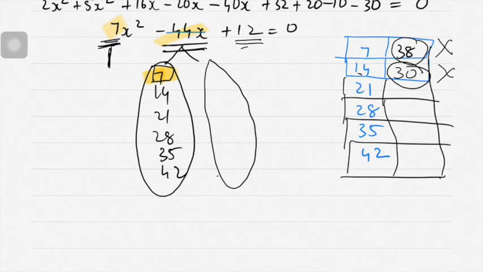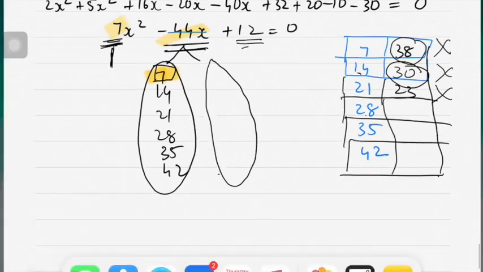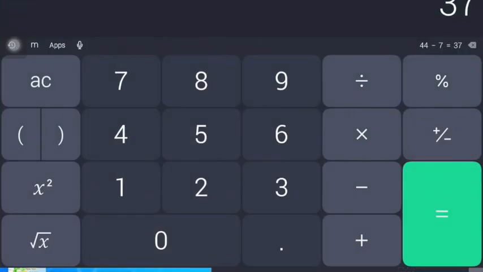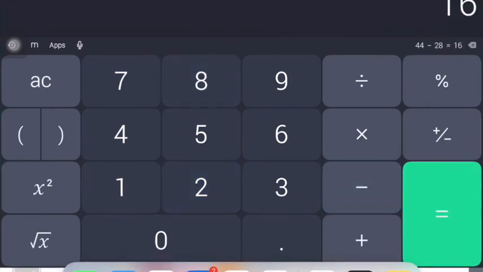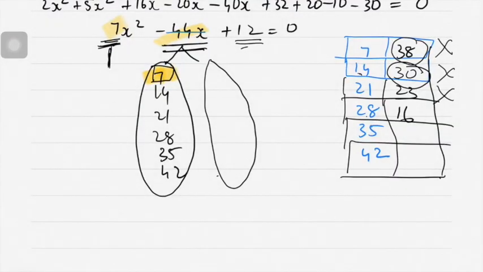Again, my first number is 21. Remaining would be 23. 23 is also not a factor of 12. If my first number is 28, my next number would be 44 minus 28, which is 16.